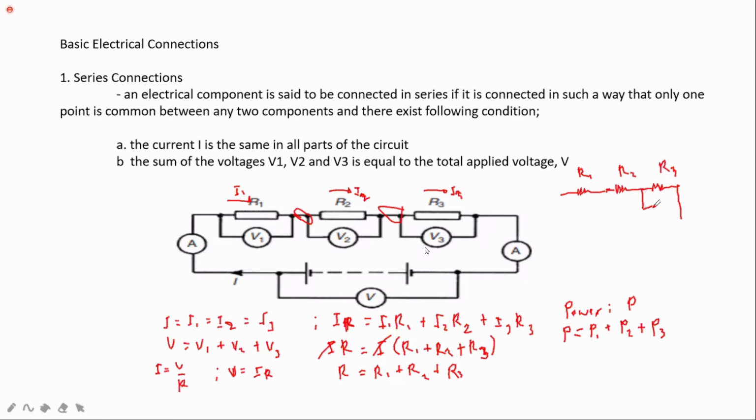But there is another resistor, R4 here. Are R1, R2, R3 still connected in series or not? Are they connected in series? Or can we say that R1, R2, R3, and R4 are all connected in series?